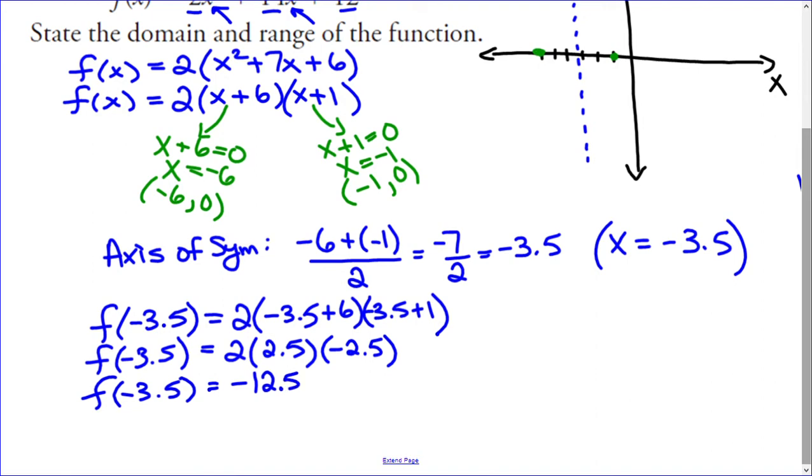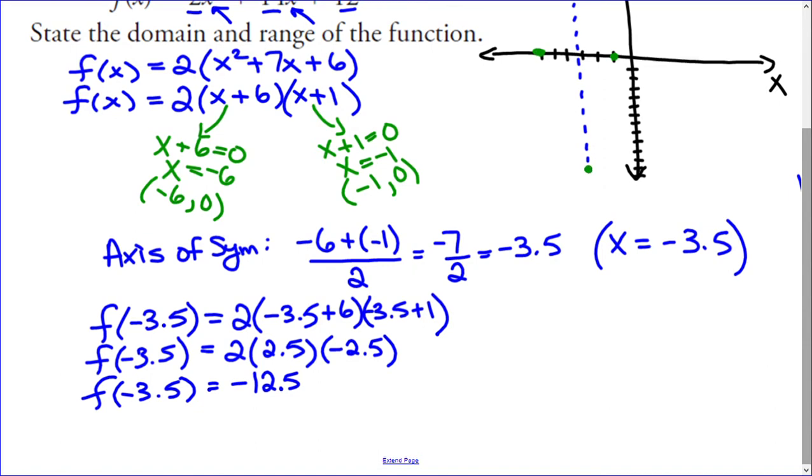So if I have negative 12.5 as my low value, I just have to plot out some points and come up to where that negative 12.5 would be. So I'm just going to move this down a little bit. 1, 2, 3, 4, 5, 6, 7, 8, 9, 10, 11, 12, and 13 will go one more. And so way down here, I'm going to have my low point.